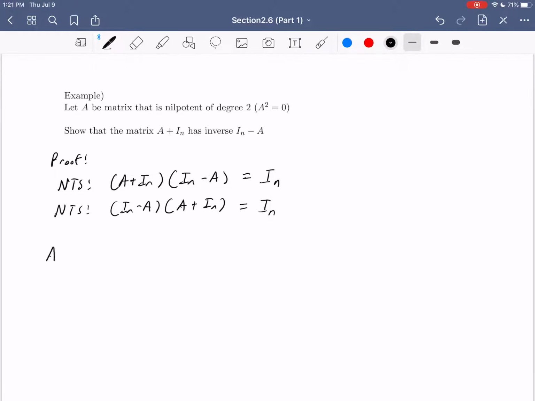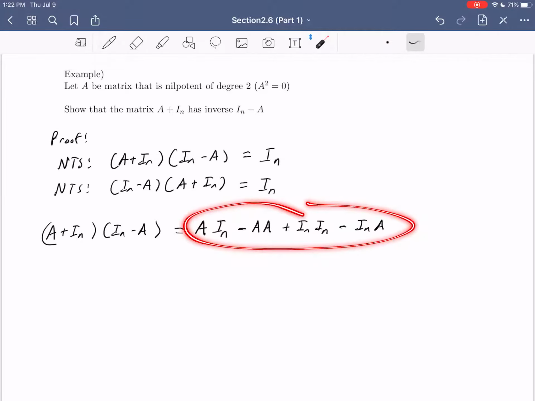So A plus IN times IN minus A. Let's go ahead and multiply that out. So multiplying these matrices, we're just going to sort of apply FOIL. So if I distribute this onto here, it looks like I get A IN minus AA plus IN times IN minus IN times A. Okay, now let's do some simplifications.